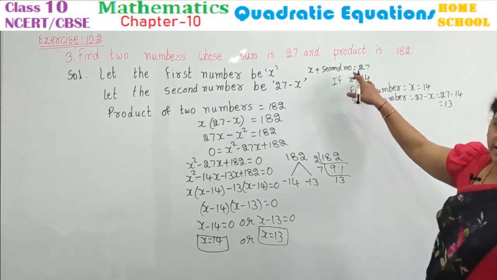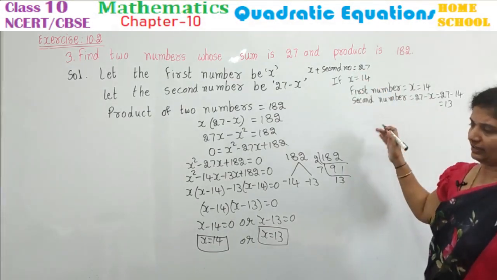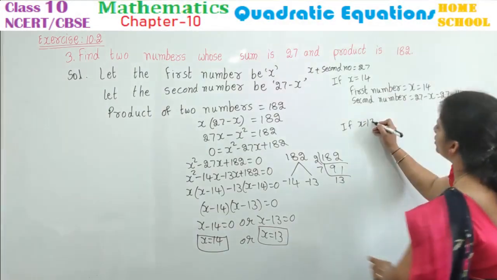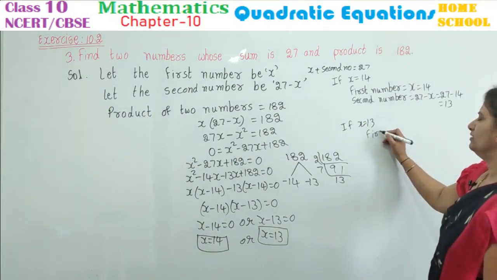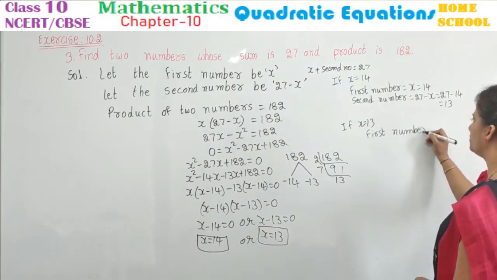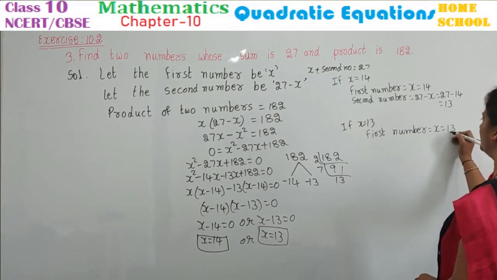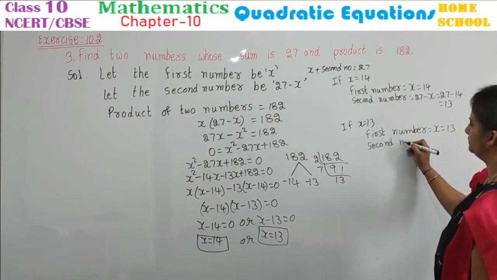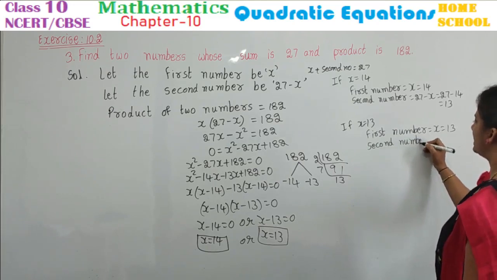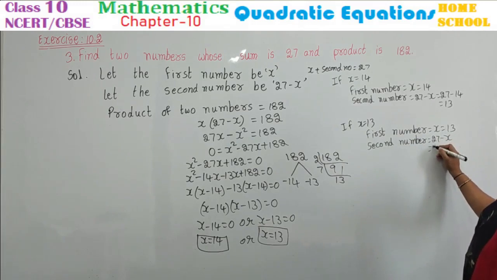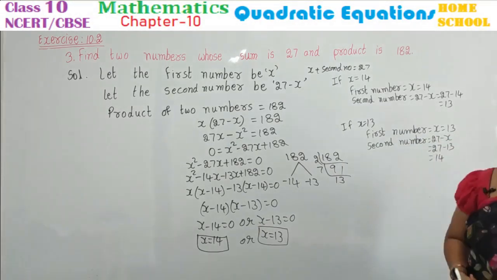If your first number is 14, the second number will be 13. Or one more case. If x is equal to 13, first number is equal to x is equal to 13. Then your second number is equal to 27 minus x is equal to 27 minus 13 is equal to 14.